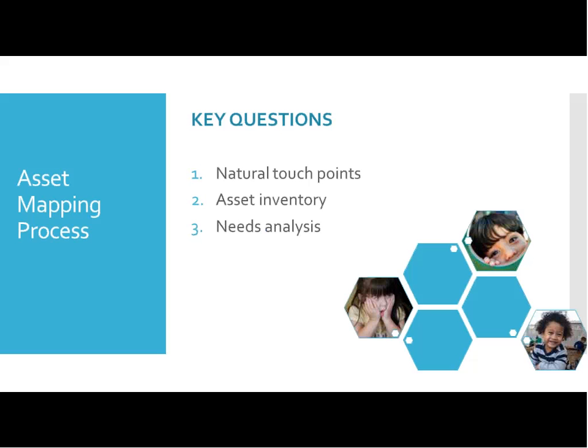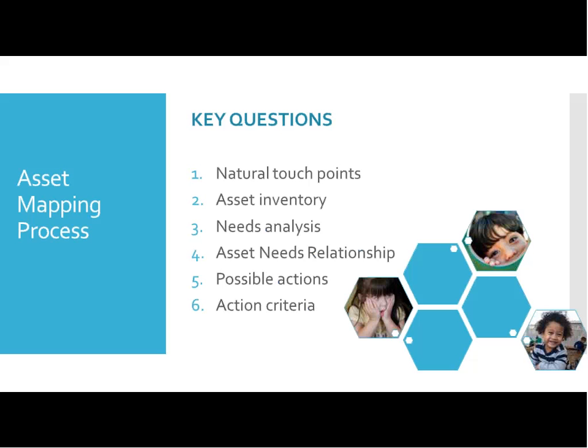Needs analysis. What are the needs of children in your community? Asset needs relationship. Which assets might be used to meet which needs? Possible actions. What actions might you take using your assets to address these needs and improve outcomes for children?